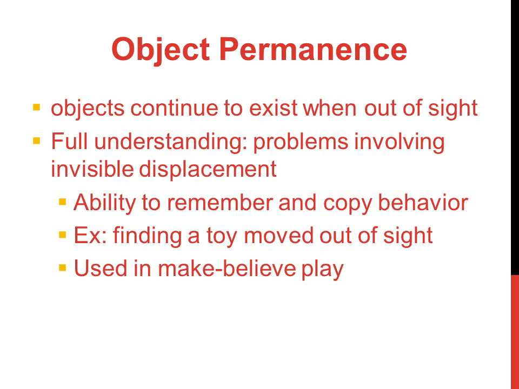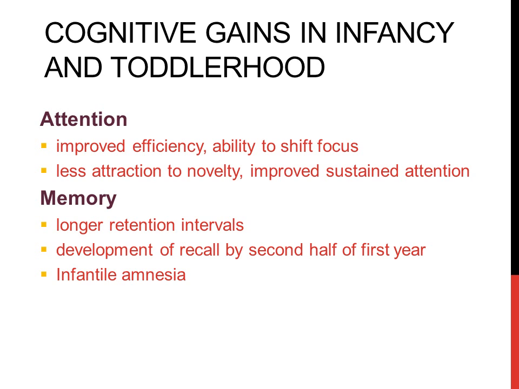That involves invisible displacement. They have already experienced what it's like to go to the doctor, right, at one point in time, and then they can imitate that later on down the line. They can remember that behavior and then copy it later on in their make-believe play. So this is a big step, right, in terms of the developing child's cognitive capacities.